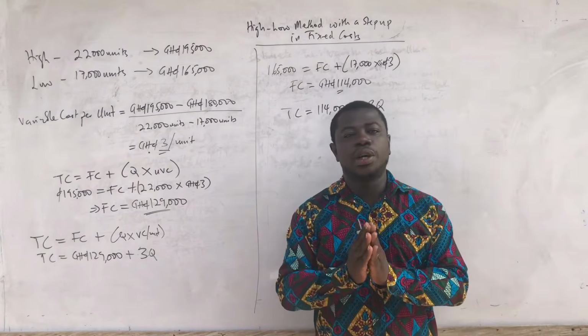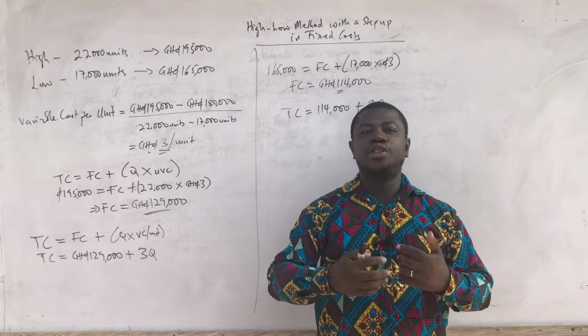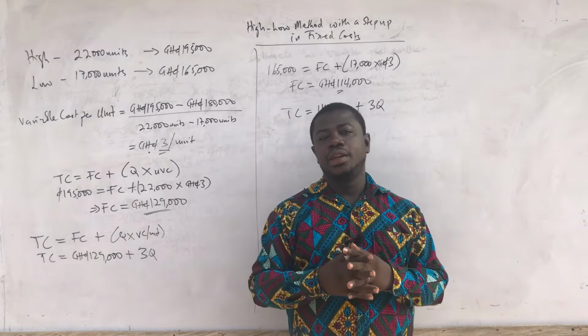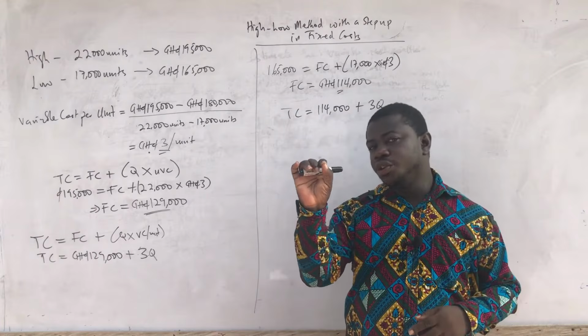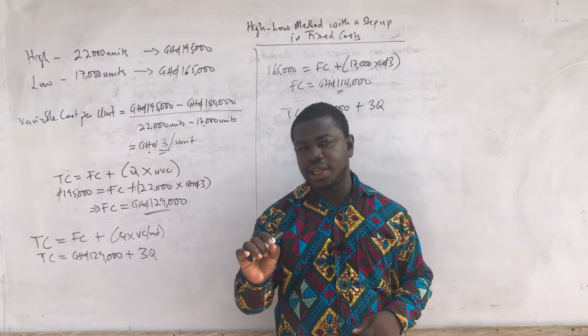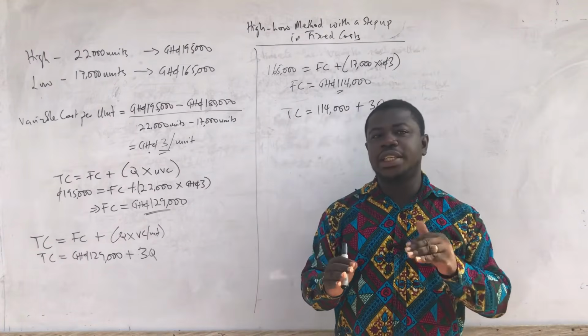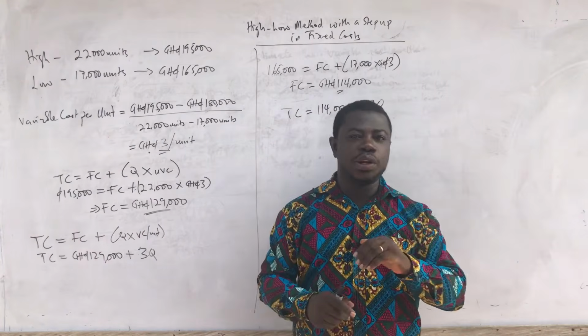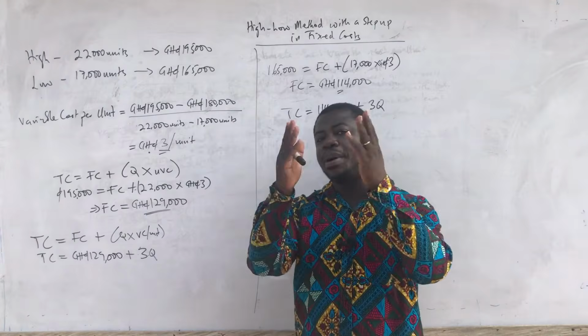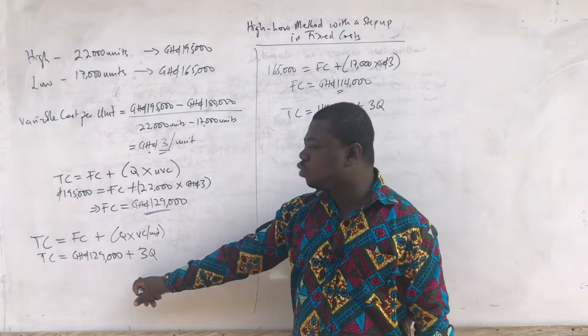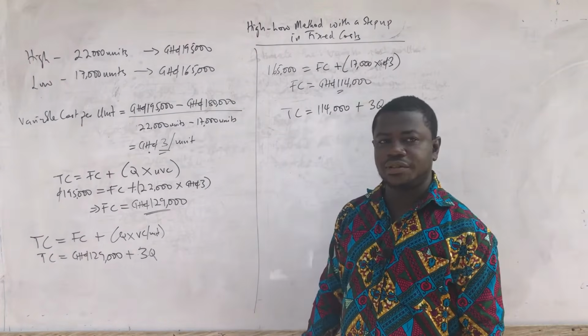So what I'm trying to explain to you is that if you are asked to estimate any total cost for any unit at all, look at the units in the question. Look at the range of the unit. Is it above the relevant range or below the relevant range? If the unit you are finding total cost for is above the relevant range, then you are going to use the total cost function of the high activity level.